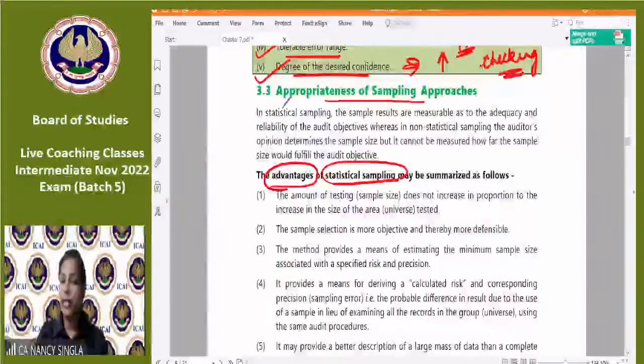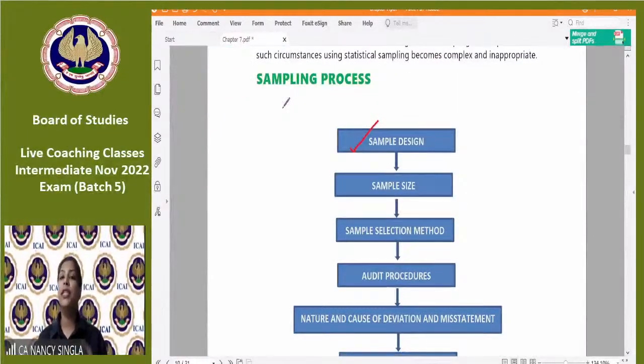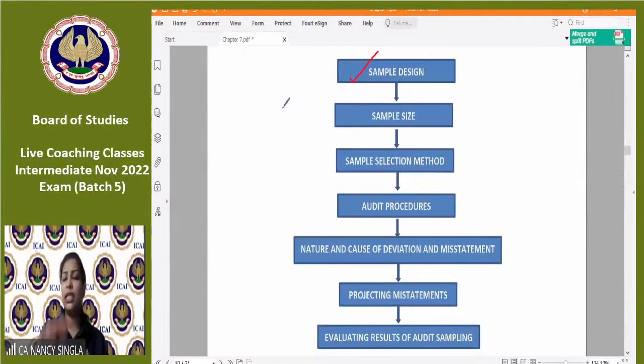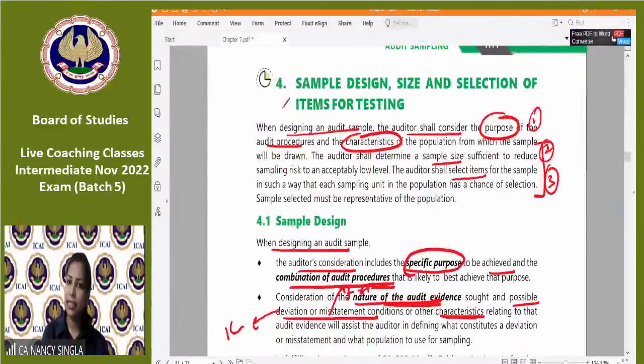Then we covered the advantages of statistical sampling, and then we started with the sampling process which consists of these steps: sample design, sample size, sample selection method, audit procedures to be performed, then nature and cause of deviation and misstatement to be understood by the auditor, then projecting of misstatement and evaluating results of audit sampling.